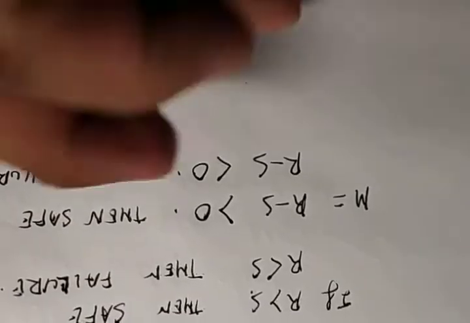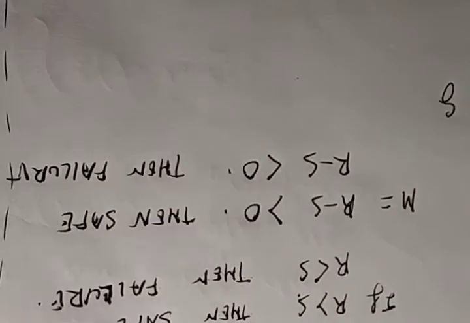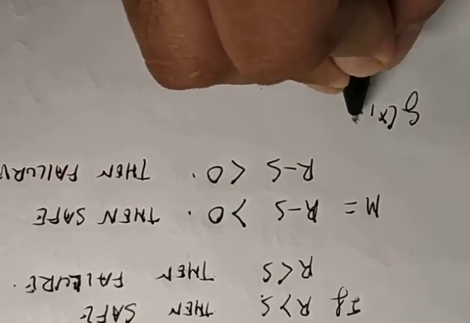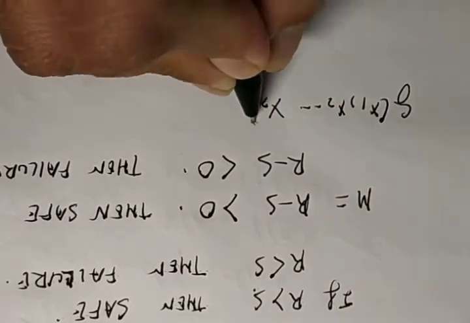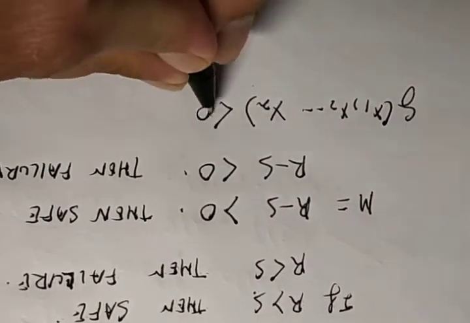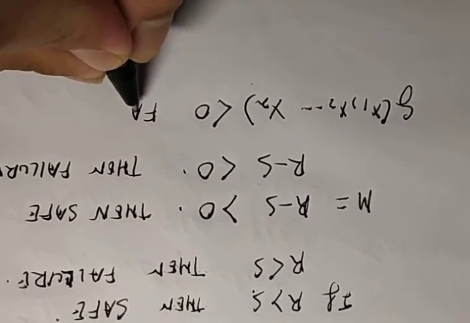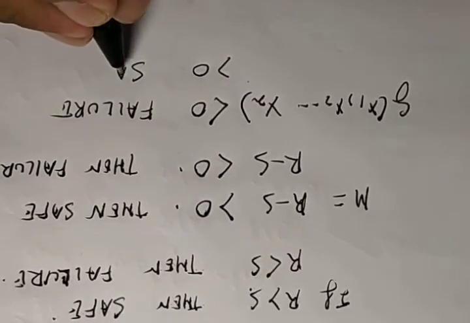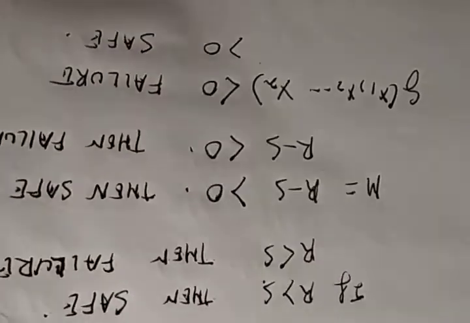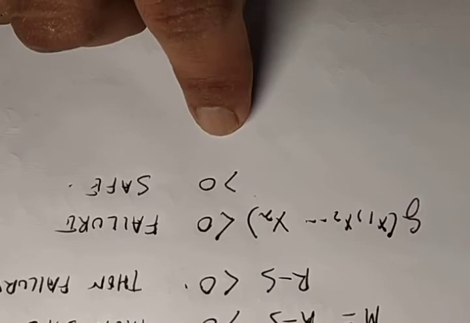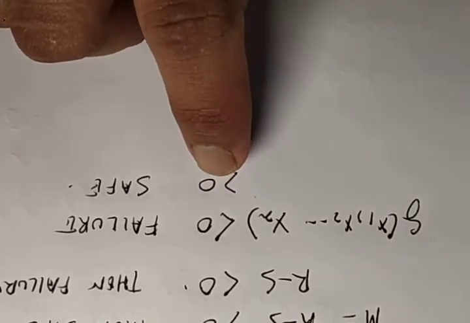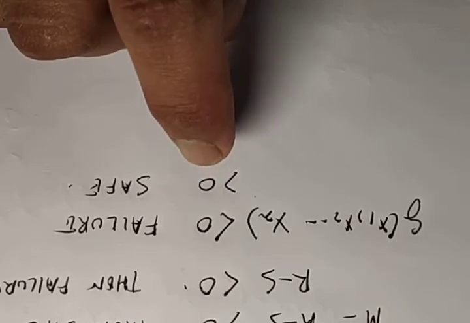In other words, for my g function g(x1, x2, ..., xn), if g is less than 0, I'll have failure, and if it is greater than 0, then my structure is going to be in safe hands.